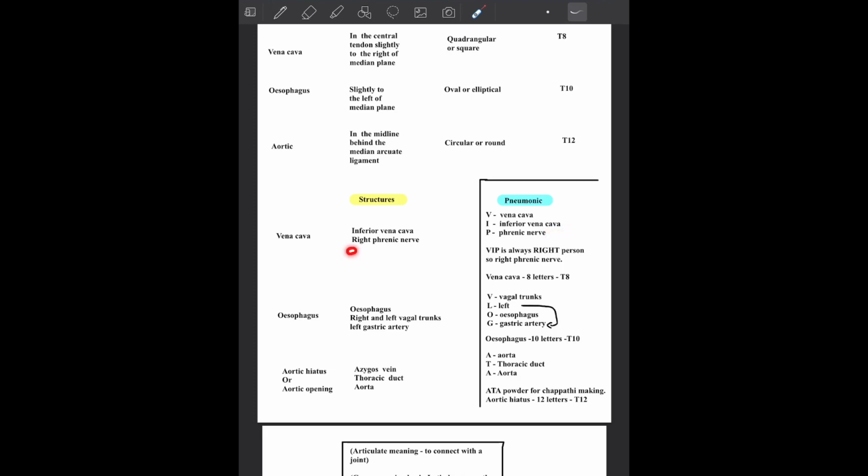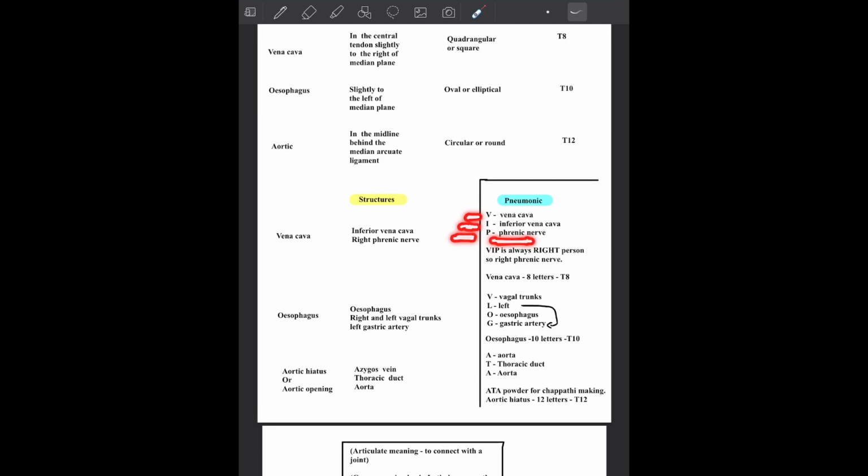So how to remember whether this is right or left? Always remember VIP is always a right person, so it is the right phrenic nerve.